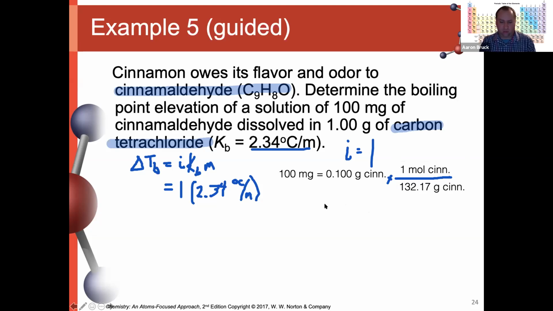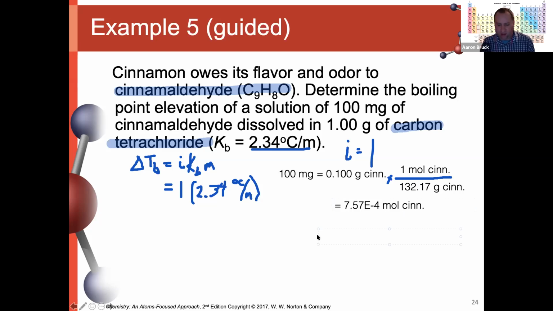And so 0.1 divided by 132.17 is going to give me 7.57 times 10 to the negative 4th moles of cinnamaldehyde.